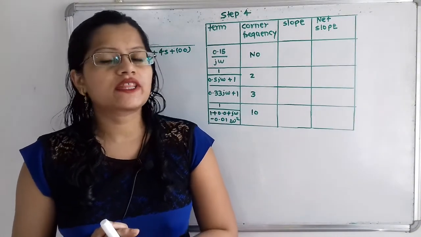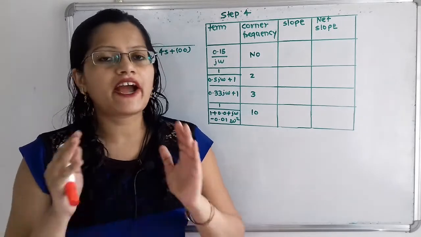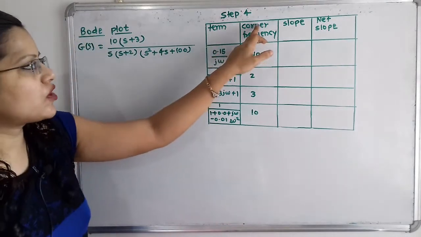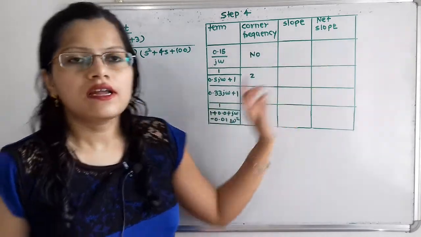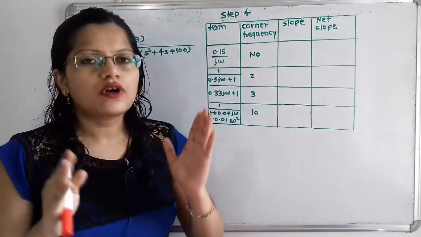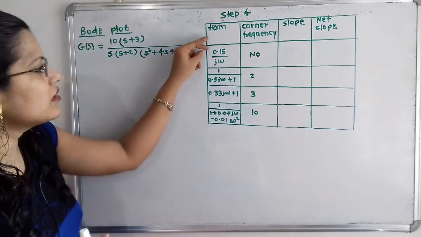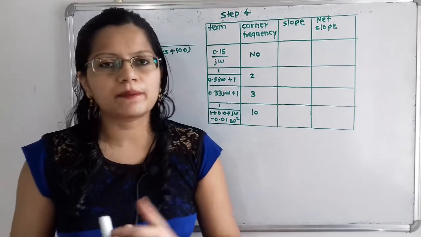Now we move to the next step, step number 4. In this step we have to make one table. The first column is for term, the next column is for corner frequency, the third column is for slope, and the last one is the net slope. How to fill up this table? We take the terms in the order we decided in the previous step.